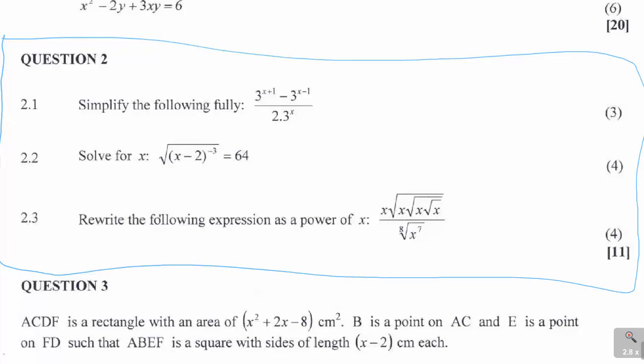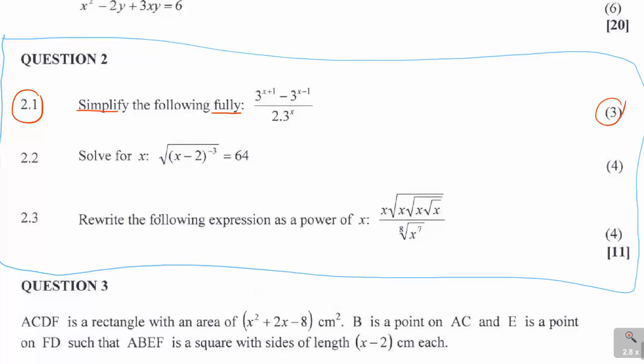The first question, 2.1, says simplify the following fully, and they've given you 3 to the power x plus 1 minus 3 to the power x minus 1, over 2 times 3 to the power of x. This is 3 marks.